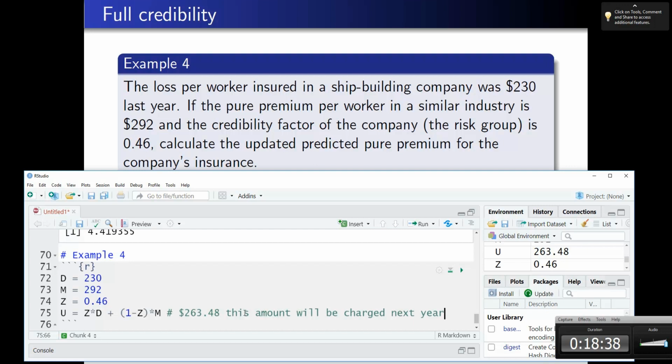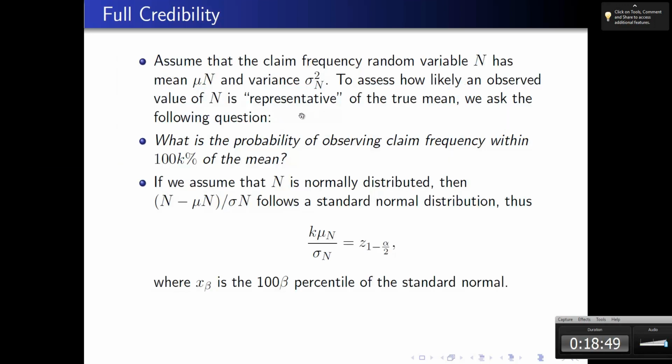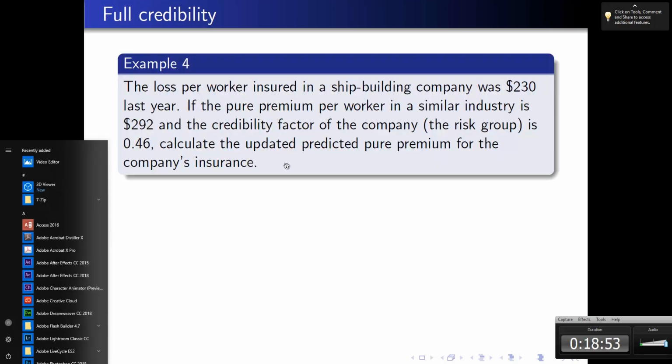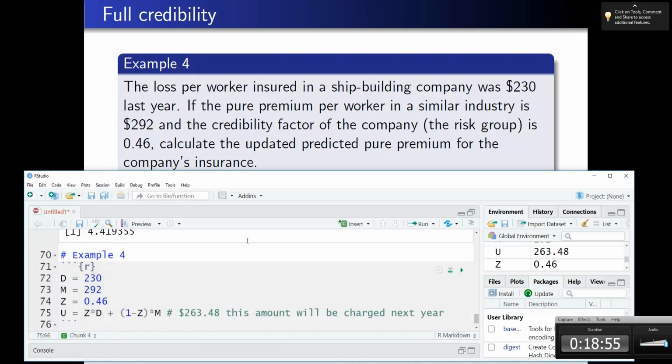Okay. So Z can be distinguished as relative importance of the data.